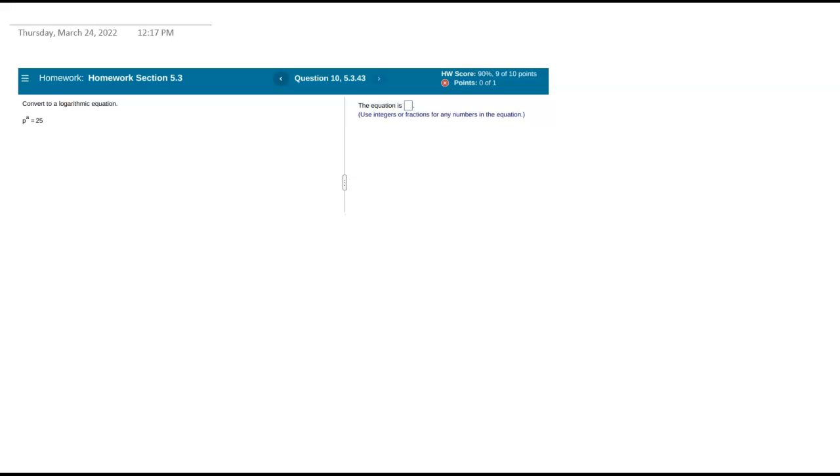But if we have, let's say, x equals a to the y, we could also rewrite this as a to the y equals x by just putting the a to the y on the other side of the equal sign. Okay. This is exponential form.